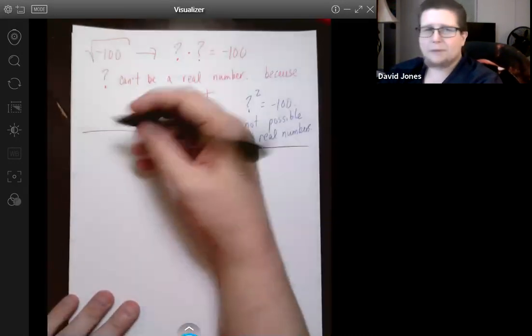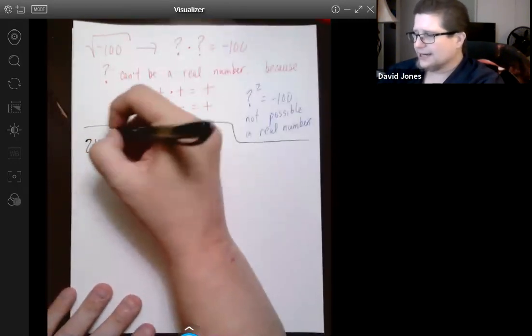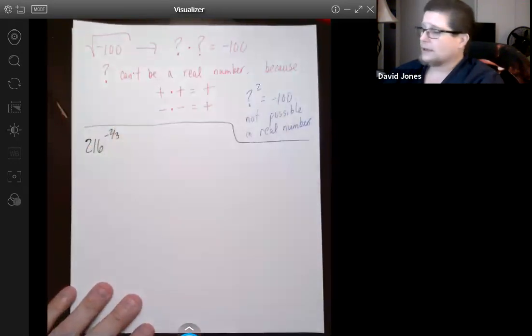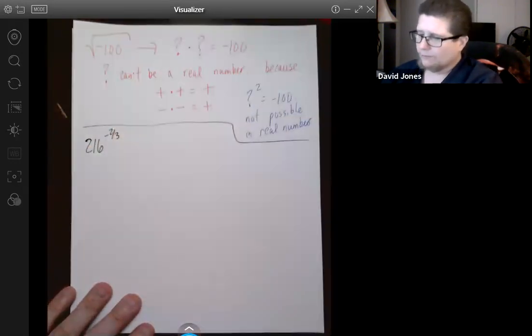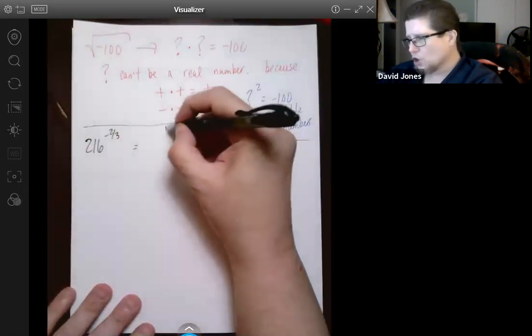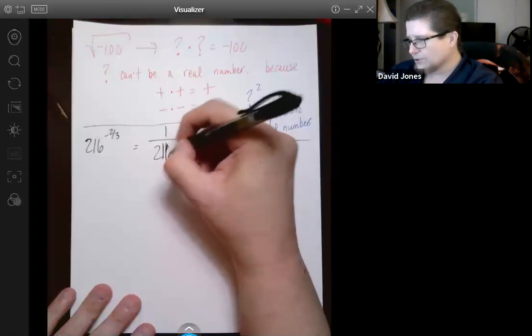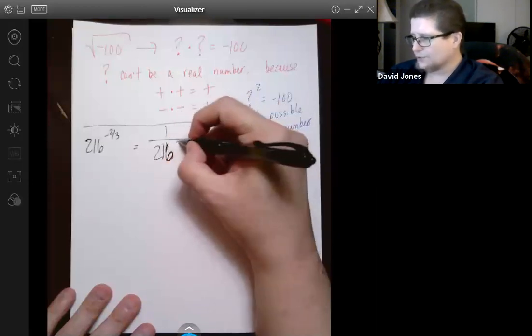The next two examples are going to lead to an idea. So let's look at 216 to the negative 2/3. Now we've got negative exponents and fractions. Recall the negative exponent says I can put the 216 on bottom and write that as 2 cubed.